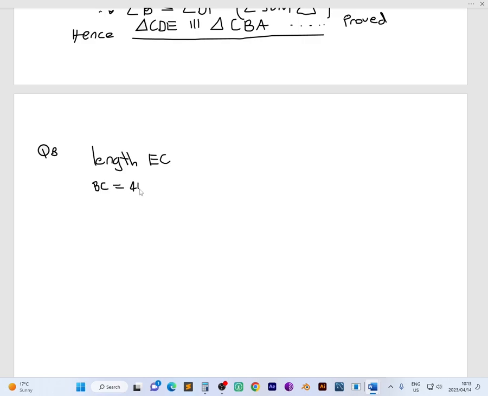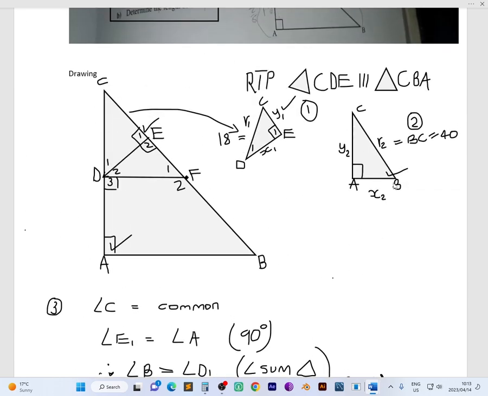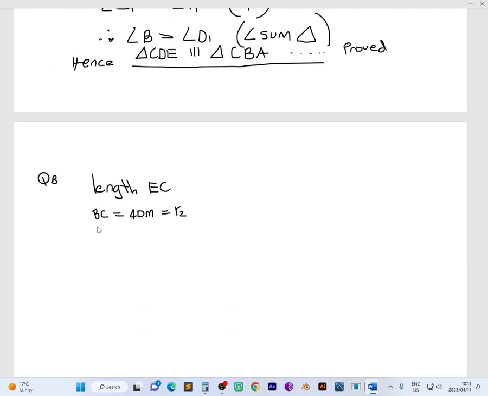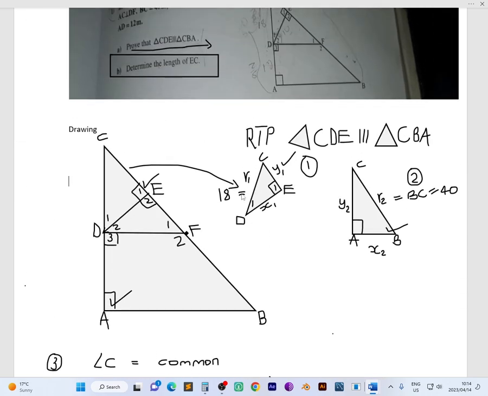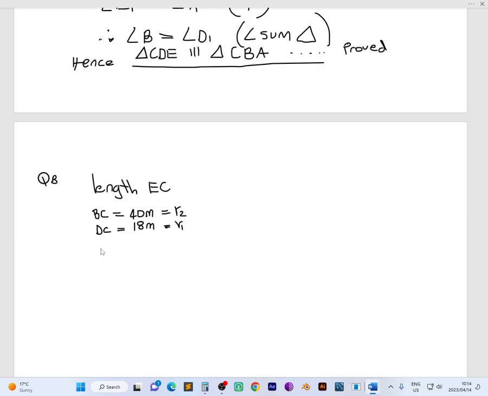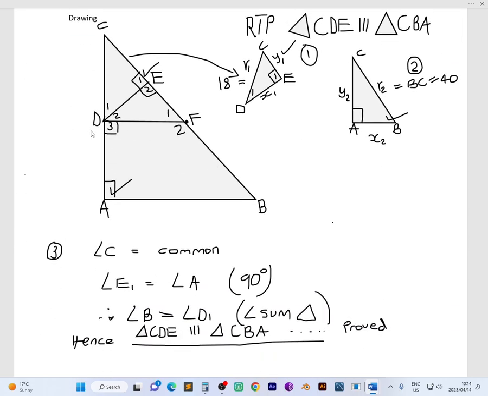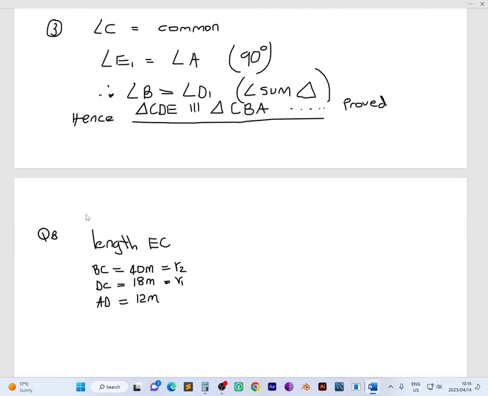BC equals 40 meter, that is R2, and then we have DC as 18 meter, that will give us R1. And then we have AD equals 12 meter.